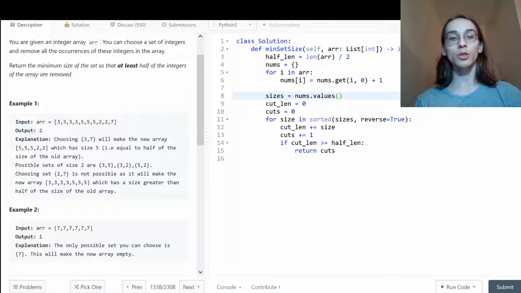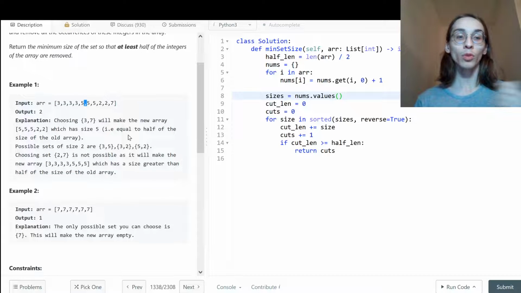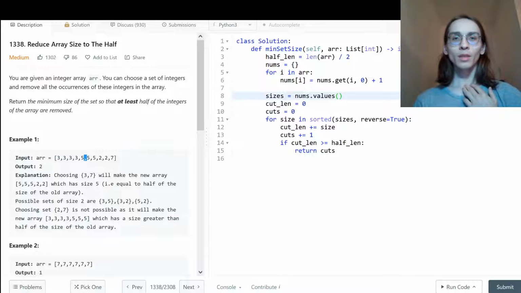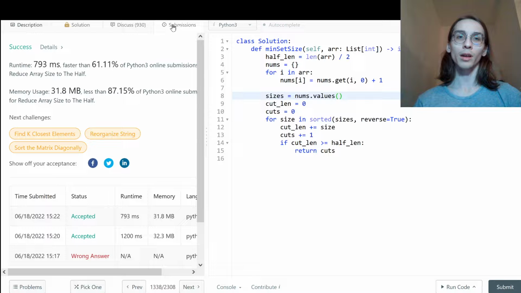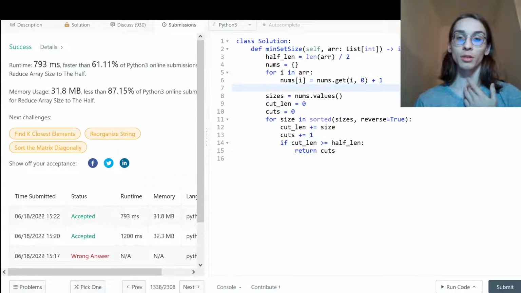We're given integers, and we need to remove integer types so that we remove the size of at least half. And I coded a simple solution. It works okay. In fact, I think the percentiles are pretty okay. Didn't do much interesting here.